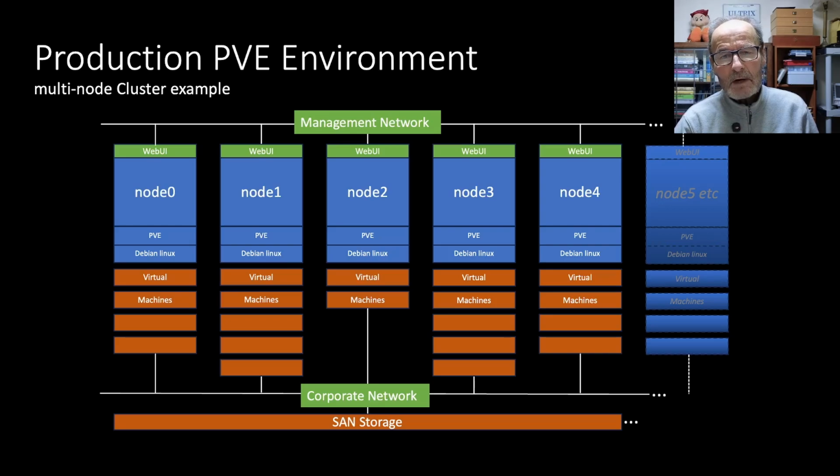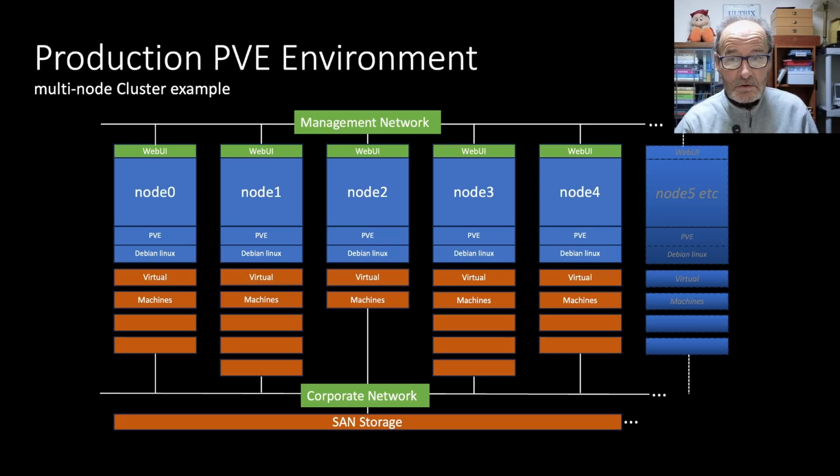So for instance, in my diagram, node 5 could be added to our 5-node cluster, making it a 6-node cluster. All we actually need to do, and it really is this simple, it's absolutely brilliant, and we'll do this because we're going to do practical stuff in this session, is install PVE. And PVE, by the way, is a complete installation.